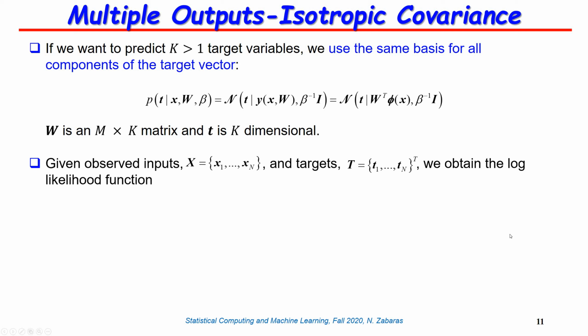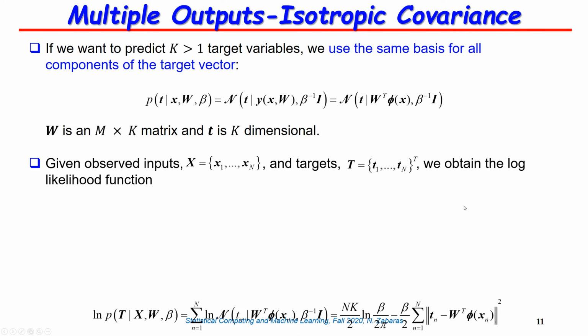You do exactly what we have done before for a single output. So you have your training data set. The only difference now is that your training responses are not just a vector anymore, but they are this matrix capital T that includes T1, T2, up to Tn. So for each of your training vectors, the output is a K-dimensional vector.